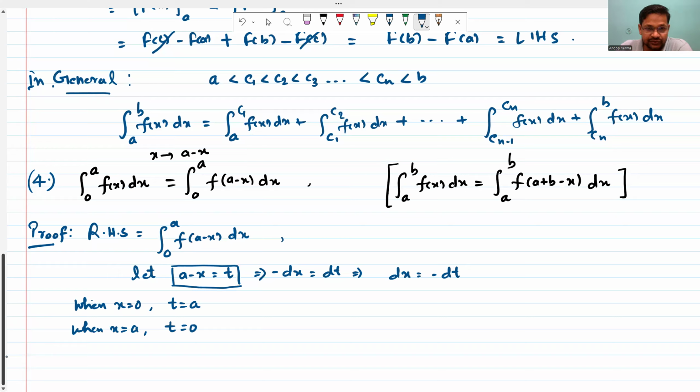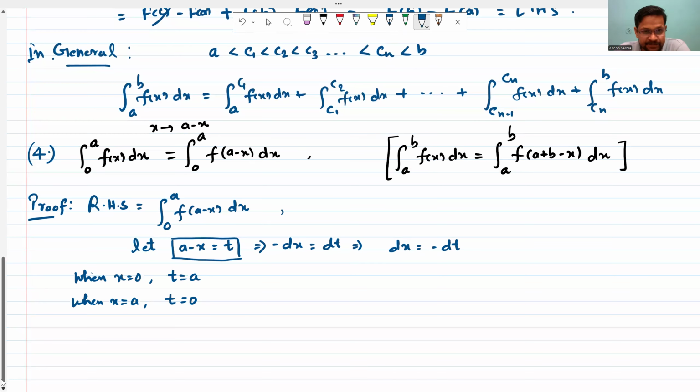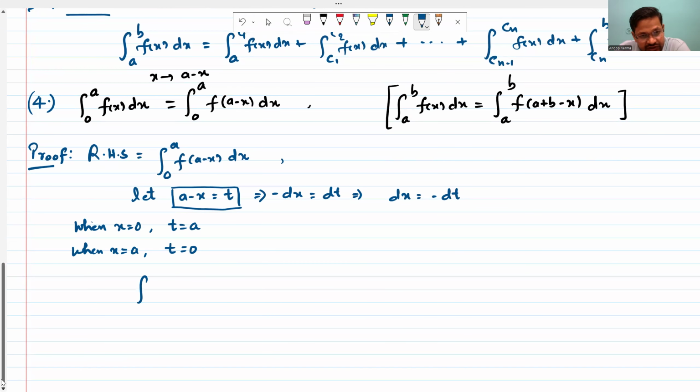So when you are substituting in this integral from 0 to a of f(a minus x) dx, when x is equal to 0, then t becomes a, so the limit is from a to 0, and this is f(t), and in the place of dx you can put minus dt.